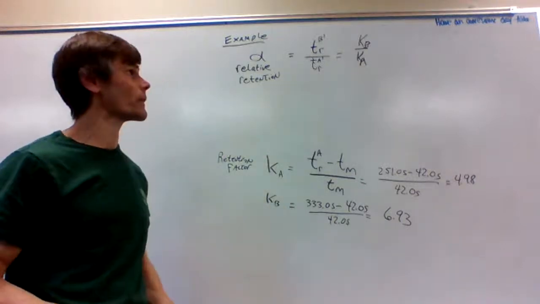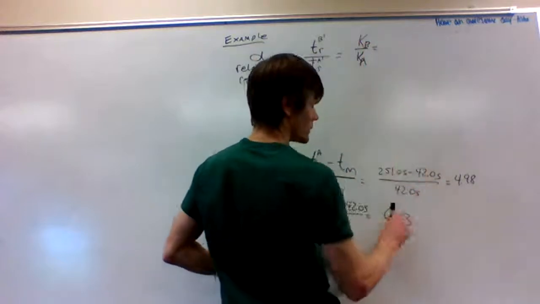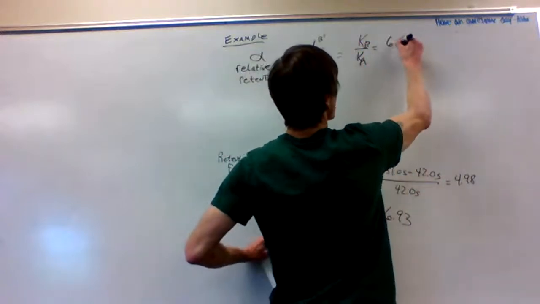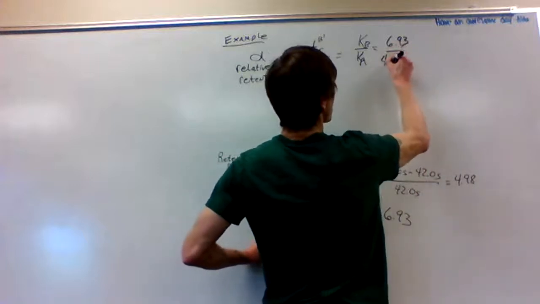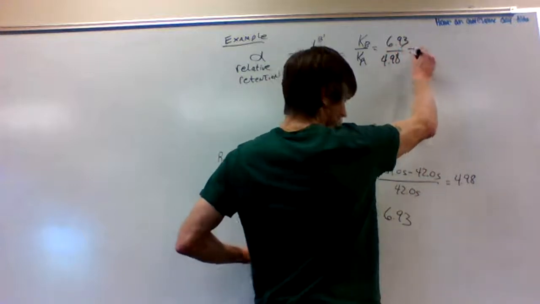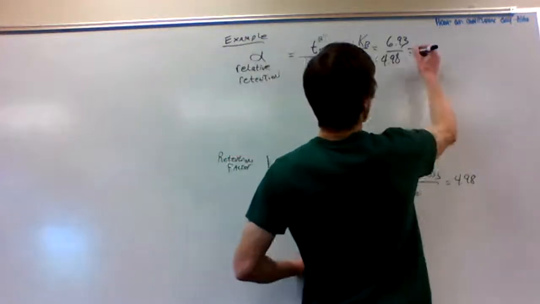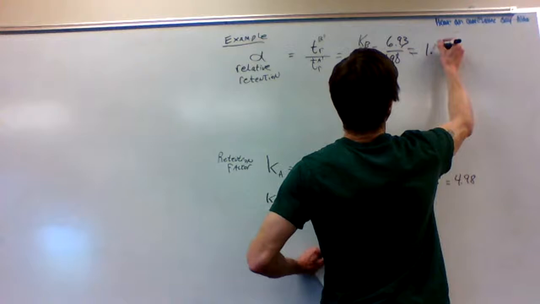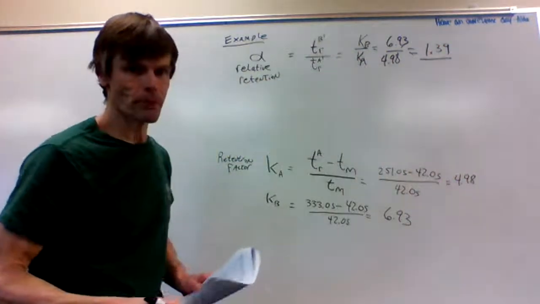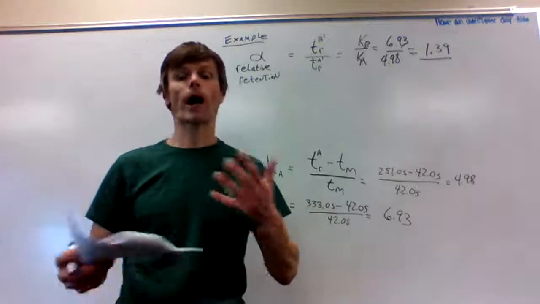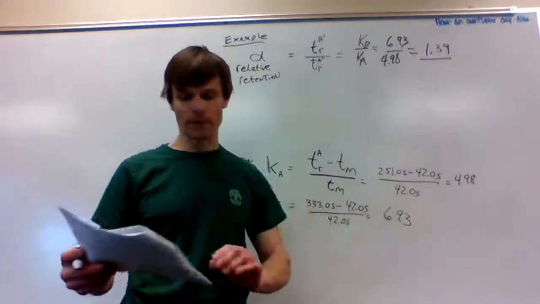Let's put our numbers in there and calculate a relative retention. 6.93 divided by 4.98. And I get a relative retention of 1.39. So that tells us a little bit something about how well we're able to separate two species.